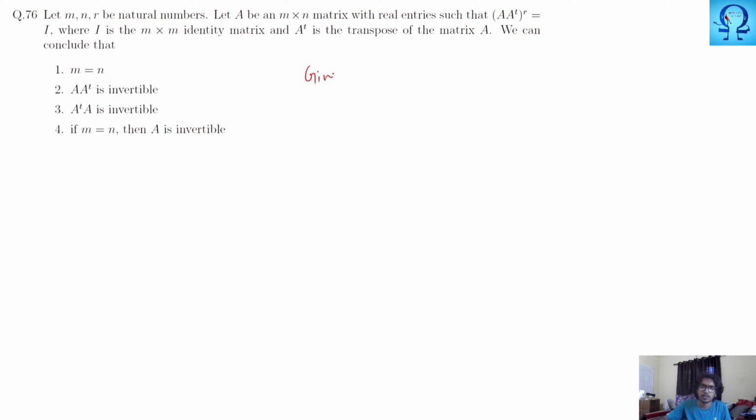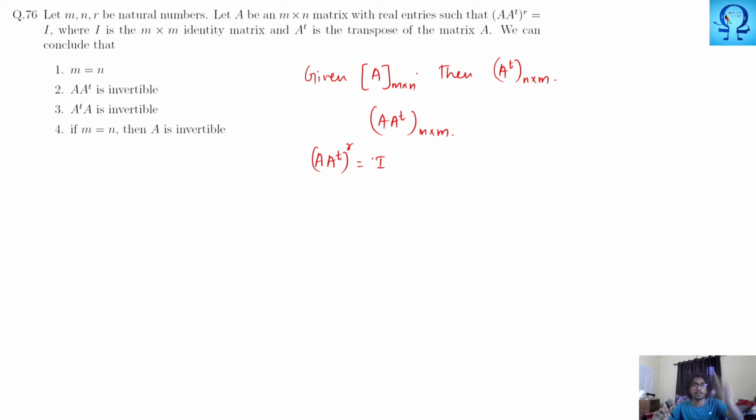Given A is of order m by n, then A transpose will be of order n by m. So of course when we make a product of these two things, it will be of order m by m only. And this quantity is equal to the identity matrix, and clearly it is said that A is a matrix with real entries. Clear? It is a matrix with real entries.